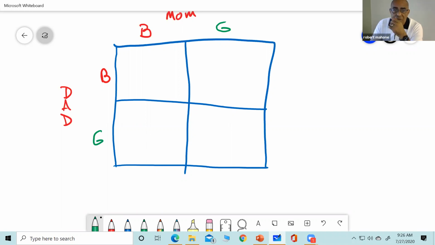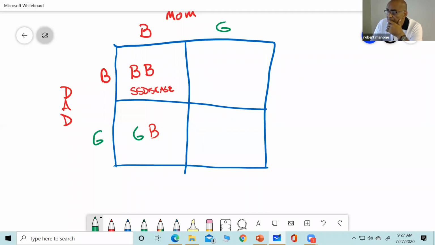But what happens when they get together to have a baby? If dad contributes a bad gene and mom contributes her bad gene, this child will have sickle cell disease.